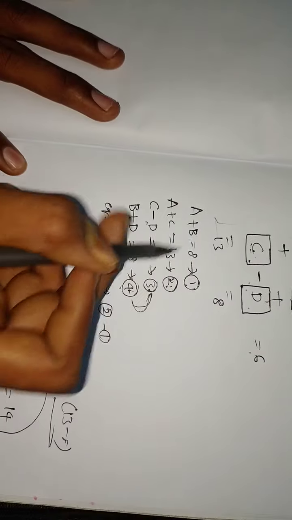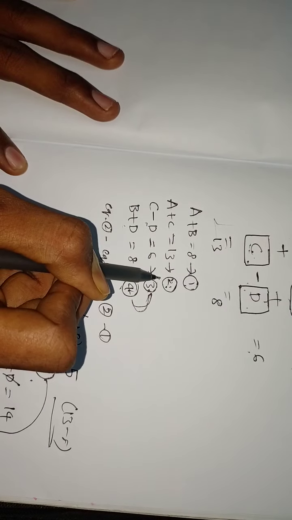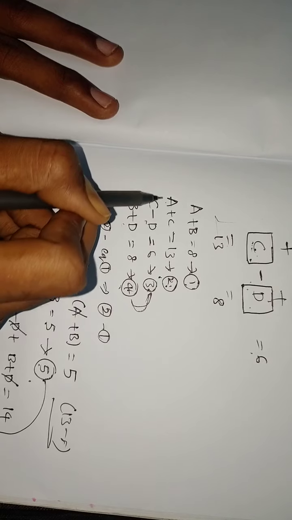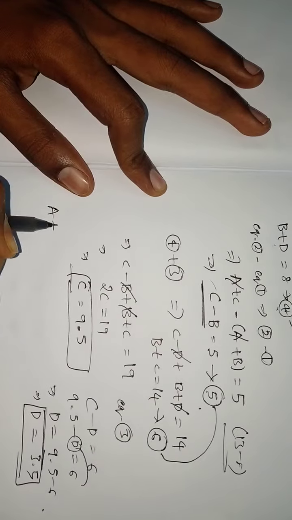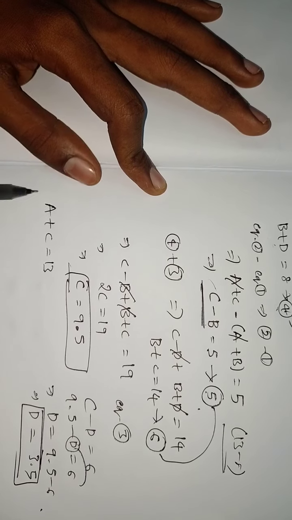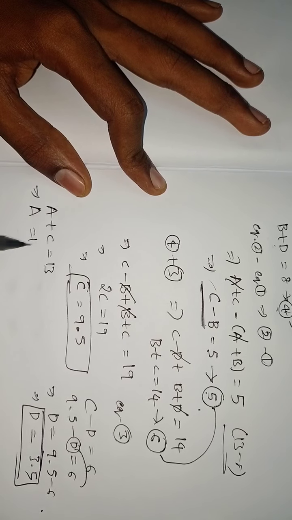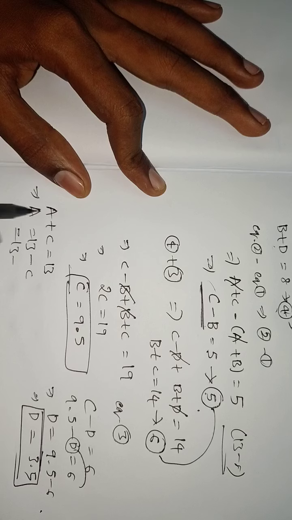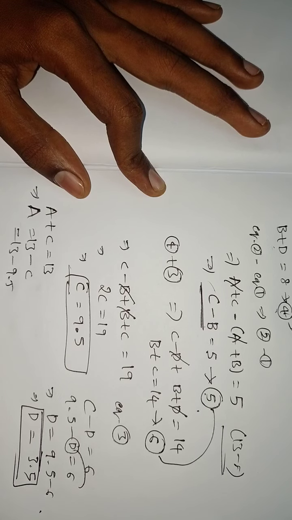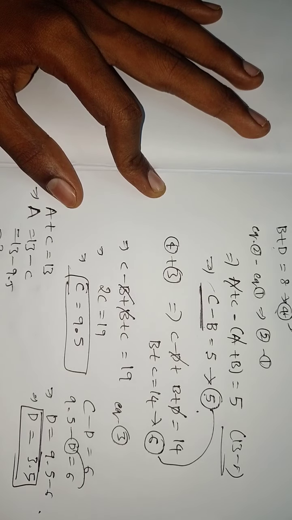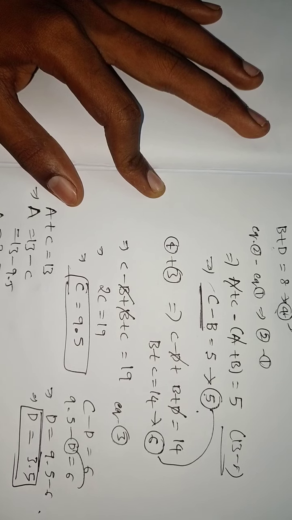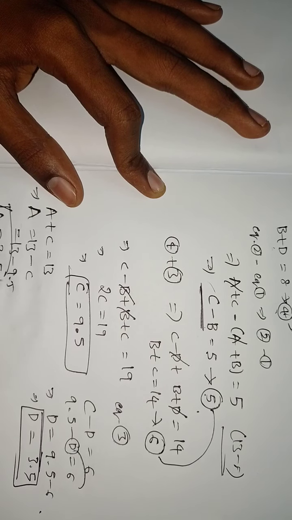If we take equation 2, we will get a simply because c we already know. a plus c equal to 13, so a equal to 13 minus c, nothing but 13 minus 9.5, nothing but a equal to 3.5. So our a is also found.